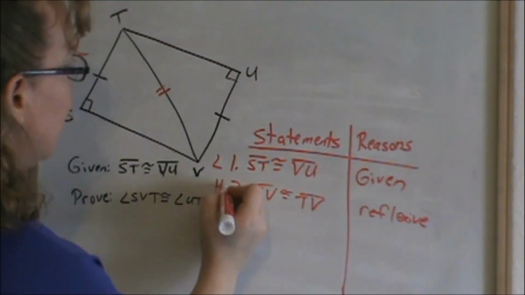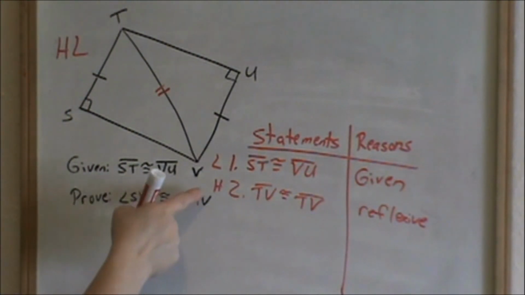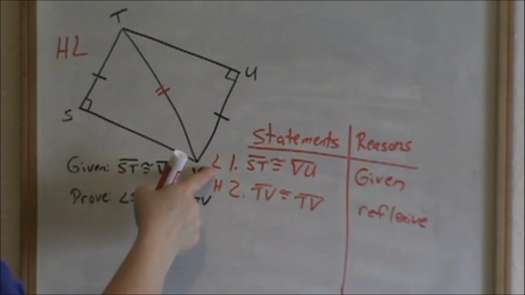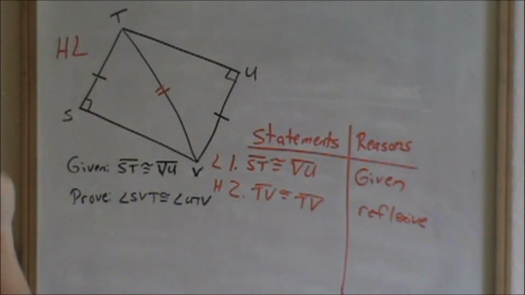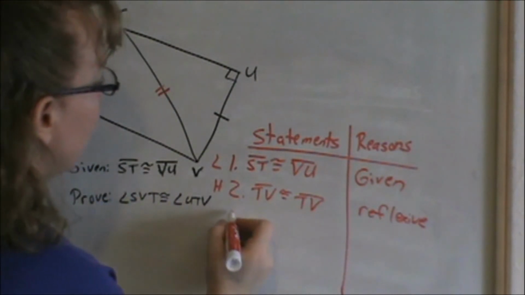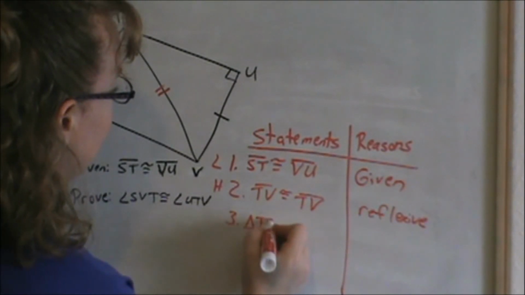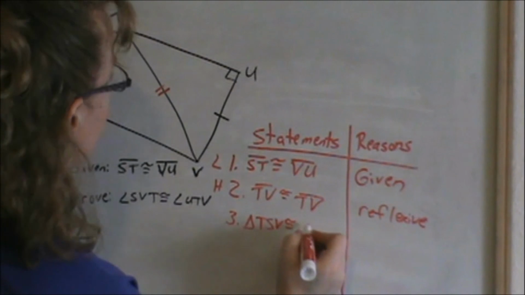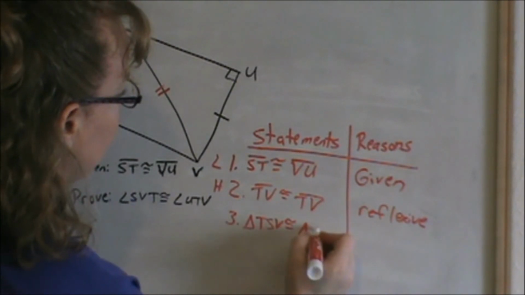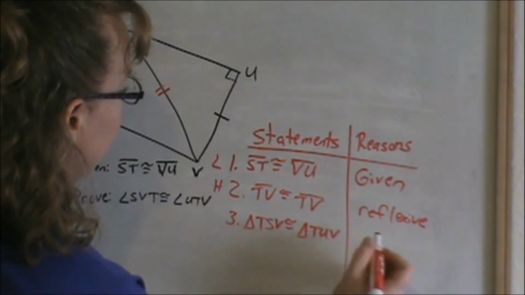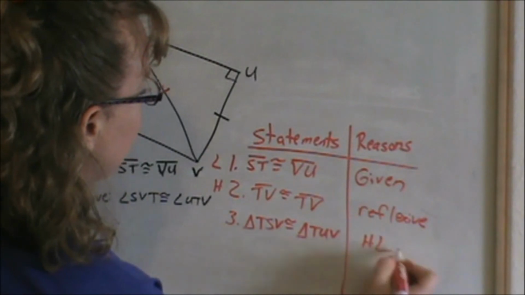That was a hypotenuse. Now we have the two statements, a hypotenuse and a leg, and we know we have right triangles, so we only have to have two statements. So we can now make the statement that one triangle, TSV, is congruent to the other triangle, triangle TUV. Why? Because of HL.